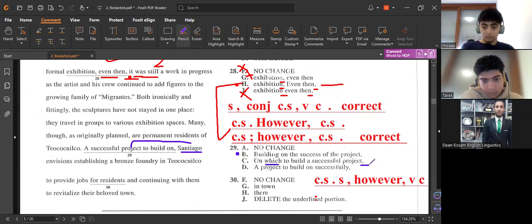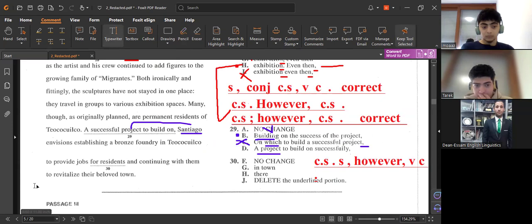This is an awkward structure. On which to build? Is this a question or what is it? Awkward. This is wrong. Here again, a project. So Santiago is a project? No, but here is a verb. And who did this verb? The subject. So as I told you, the writer will play with your mind.